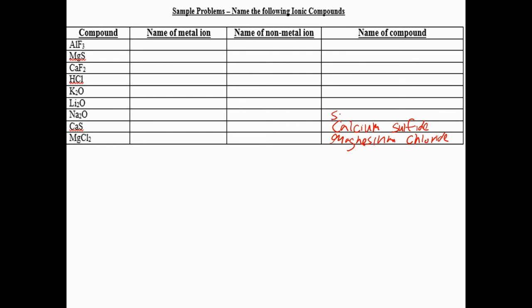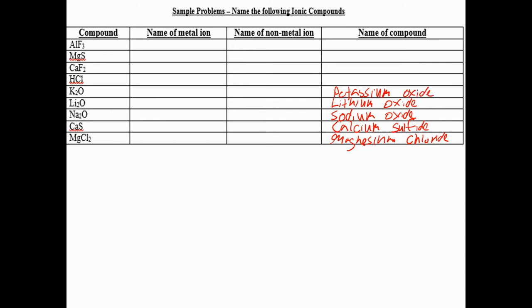Na2O, we have sodium as the metal, oxygen becomes oxide. Li2O, lithium as the metal, oxygen becomes oxide. K2O, potassium as the metal, oxygen becomes oxide.